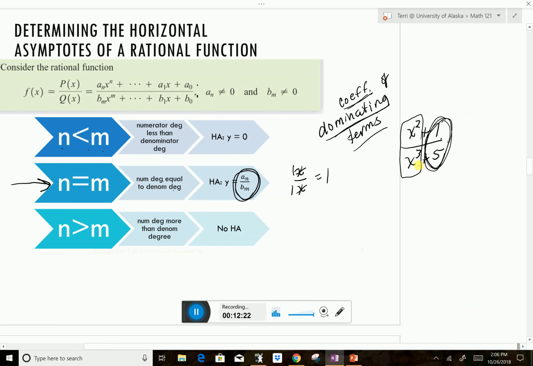If we had x squared over x cubed, that's 1 over x. When x gets really, really big, what does 1 over x do? Gets really, really small, right? 1 over 10 million is almost 0. So this gets closer and closer to 0.